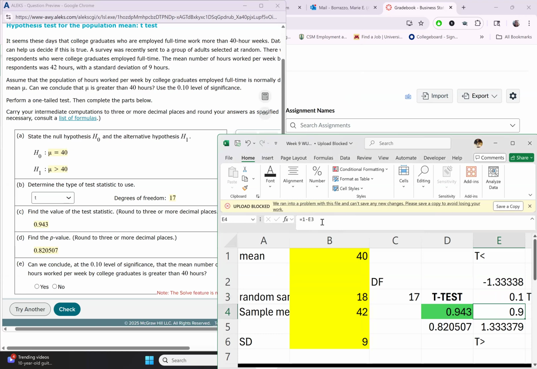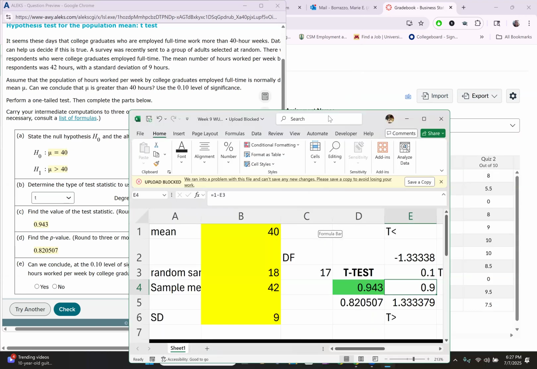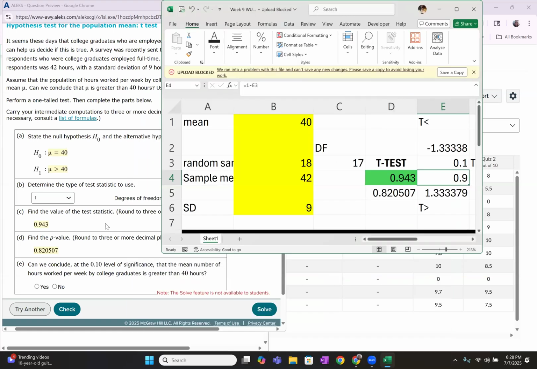So this is what it looks like right now. What do you think? Is it bigger than or greater than? I switched this. This is 0.1 and 0.9. 0.9 gives me 1.33 and 0.1 gives me negative 1.33.